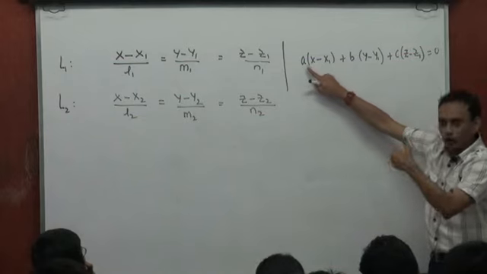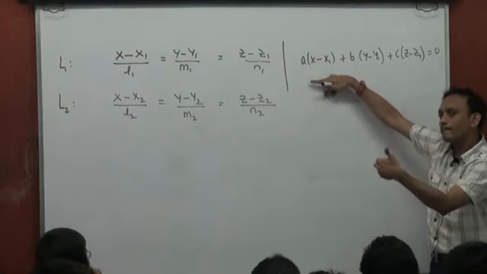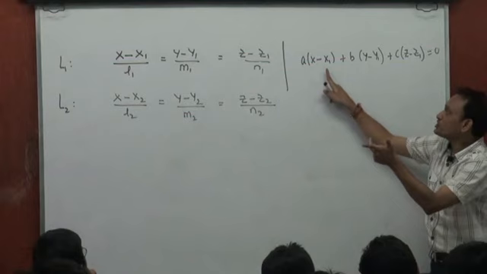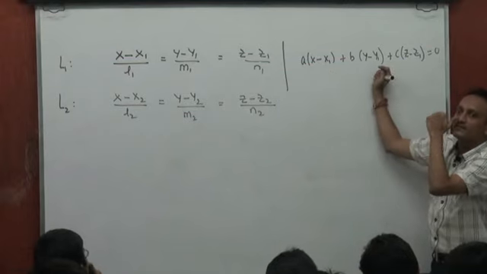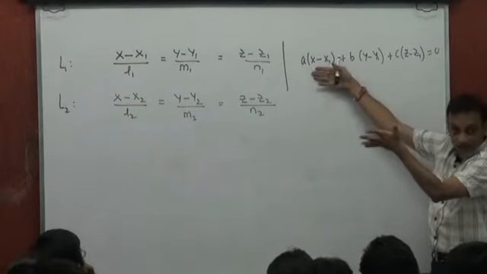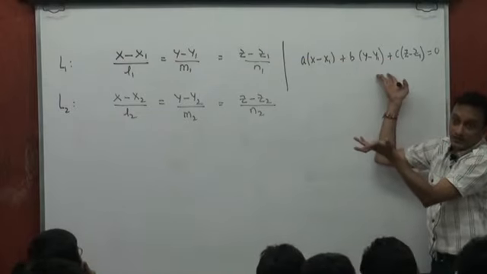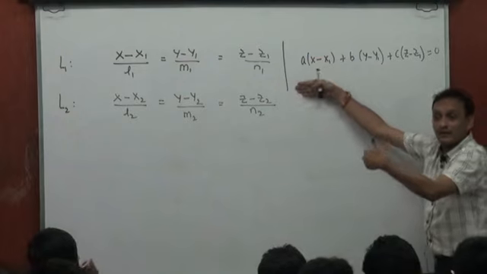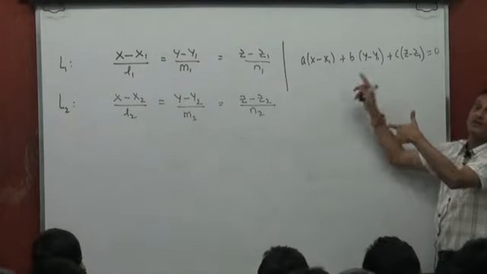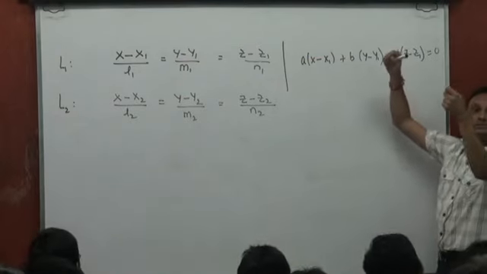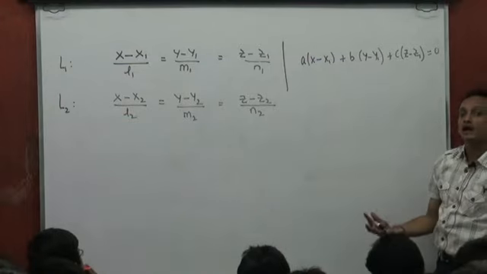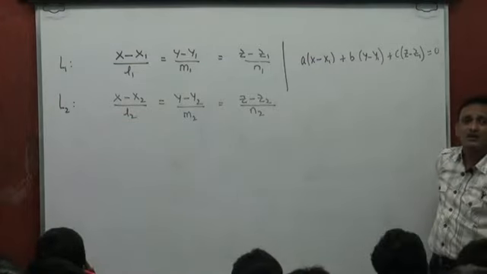Is the normal to the plane not ai plus bj plus ck? Does this plane not pass through x1, y1, z1? x1, y1, z1 satisfies this equation, so it's a point on this plane. So it's a plane passing through x1, y1, z1 and having normal ai plus bj plus ck. Clear?